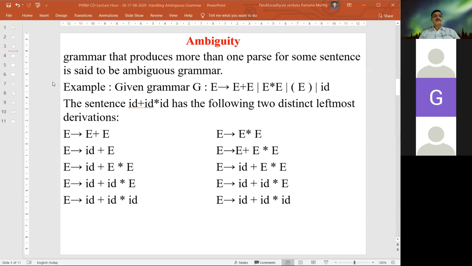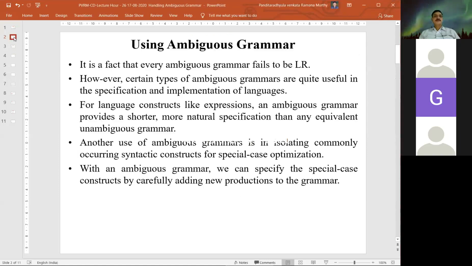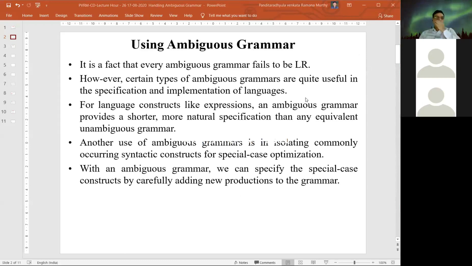The representation is straightforwardly simple. So we have some advantage by representing the grammar with ambiguity, no doubt about it. But the only thing is, finally it derives different results.